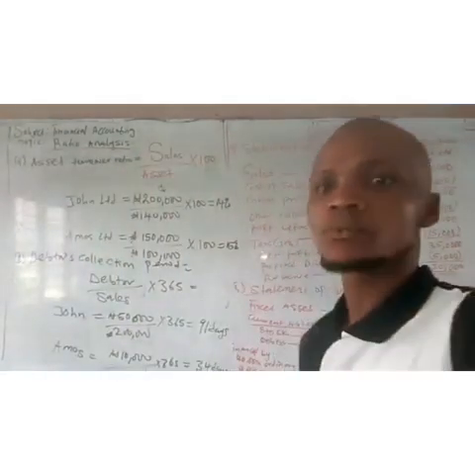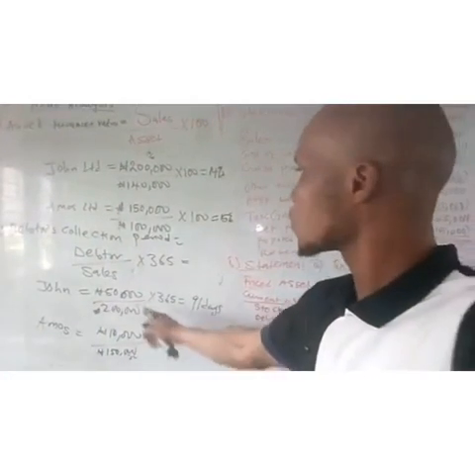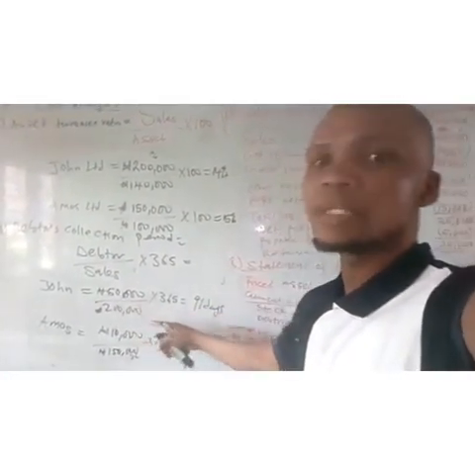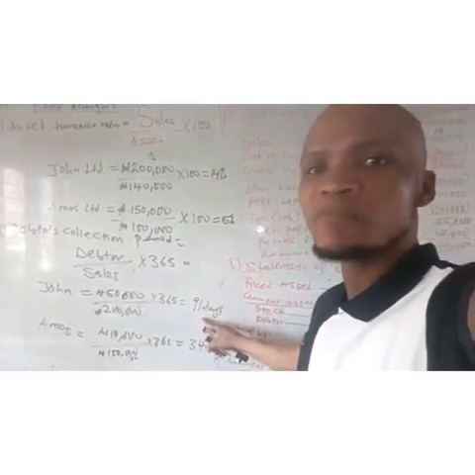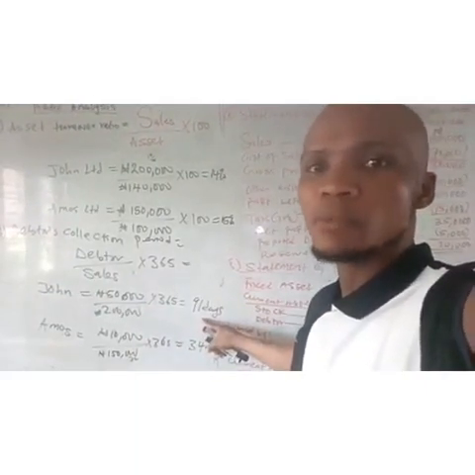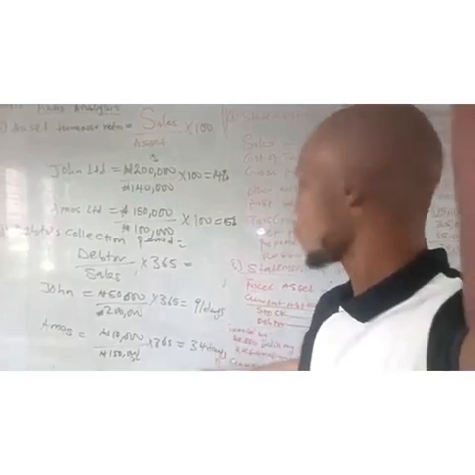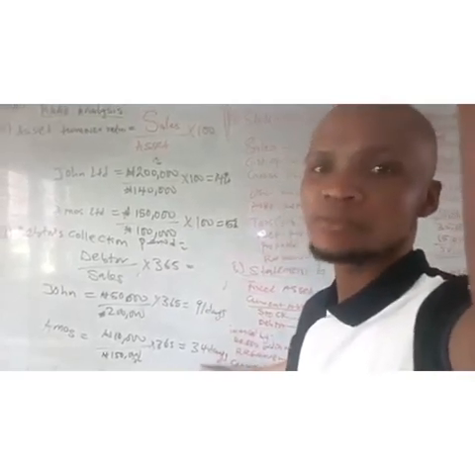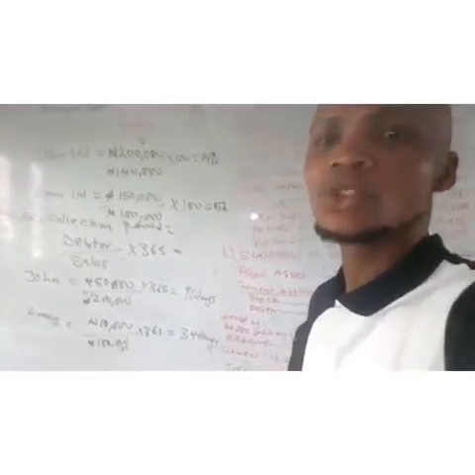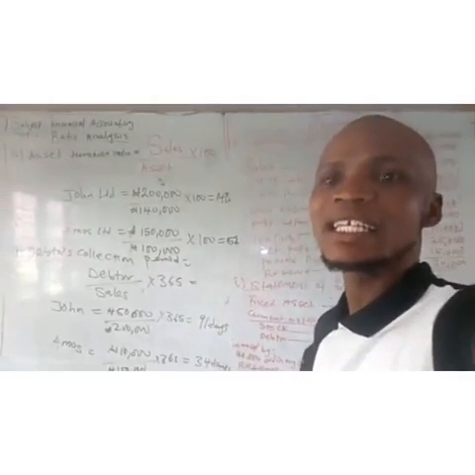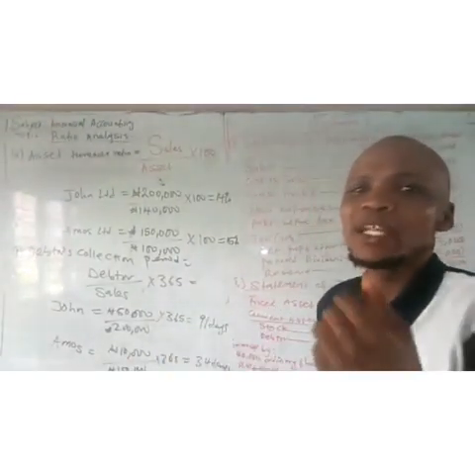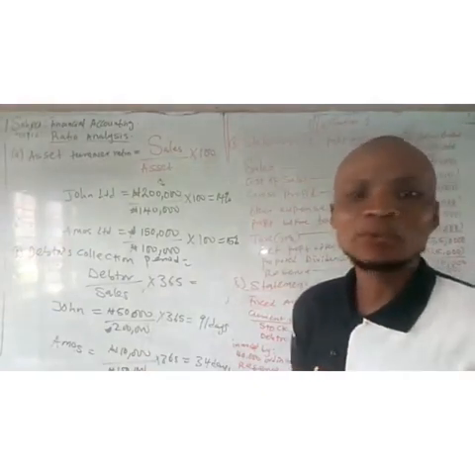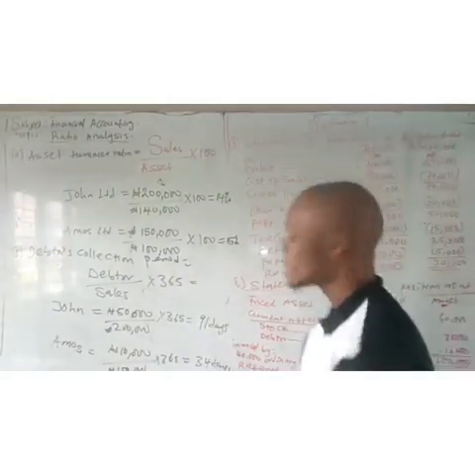Now, looking at the debtor collection period, the total number of days it takes John Limited to receive back the total amount of money from the debtor is 91 days, while that of Amos Limited is 34 days. Now, as an accountant, what is our conclusion? The conclusion here is that it takes a longer period for John Limited to collect the amount due from debtors when compared with Amos Limited.